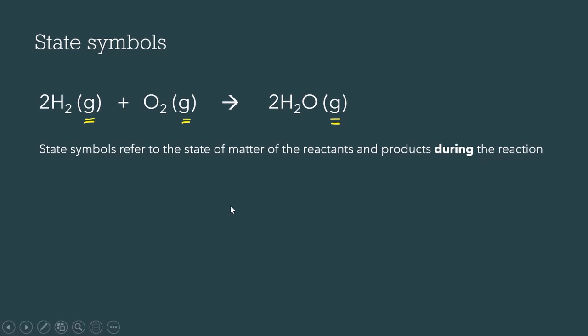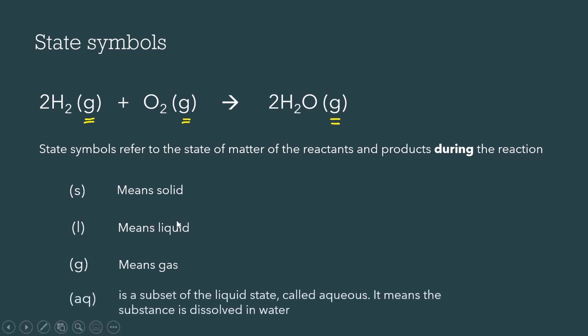To indicate solid state, we use bracket lowercase s, liquid state bracket lowercase l, gas state bracket lowercase g. If we're talking about a substance that is dissolved in water, then it's bracket lowercase aq. It's called aqueous, and it means that the substance is dissolved in water.